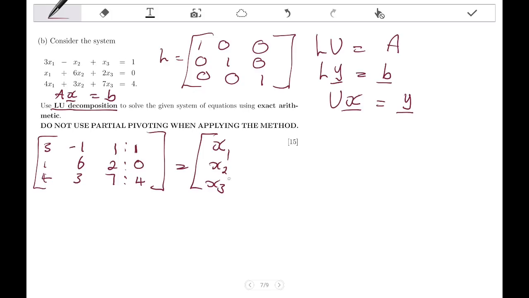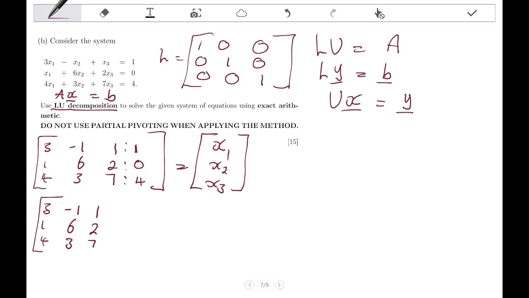So we have that now. What we have to do is take this matrix here inside and then calculate, reduce it to the upper matrix using the row operations. So we are going to extract it. Then it's going to be 3, minus 1, 1, 1, 6, 2, 4, 3, 7.